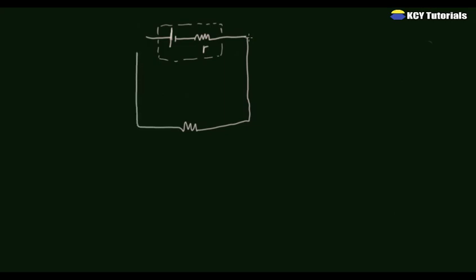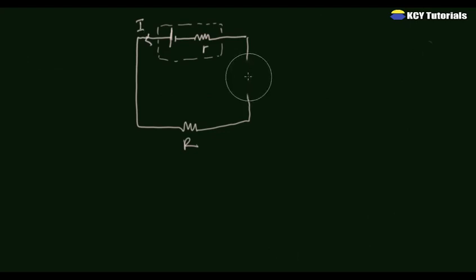I'm going to take the circuit with the battery being represented before. That's the battery and its internal resistance small r, to which we are going to connect the external resistance capital R. Of course, the current will be flowing in this direction.